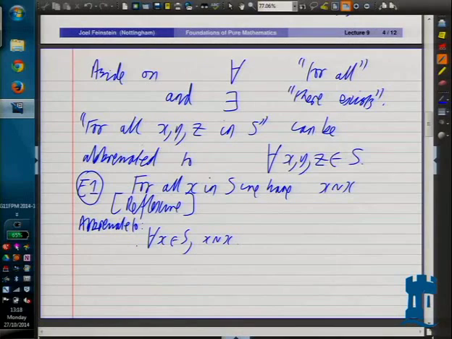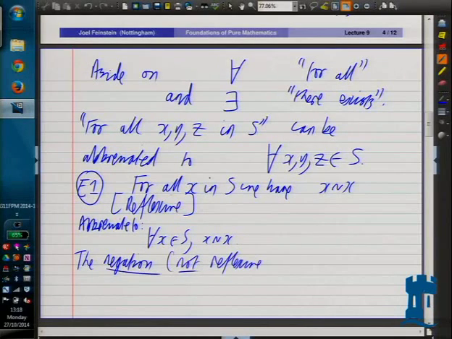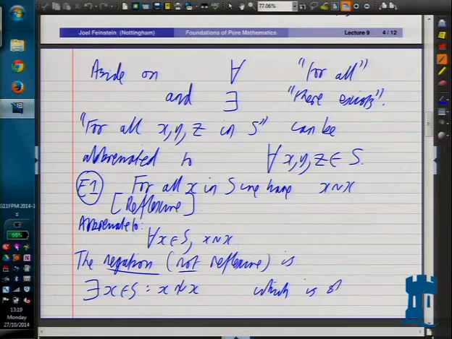And suppose you want to negate that. The negation, not reflexive, is there exists x in S such that x is not related to x, which is short for what I just said.